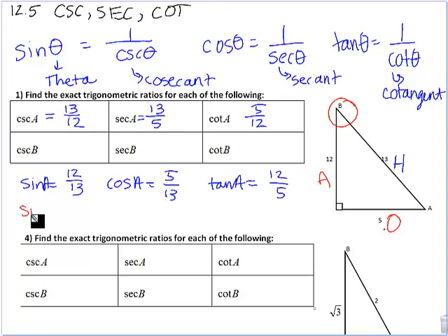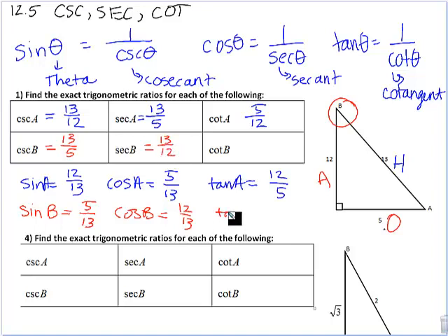So now sine of B would be what? 5/13, which means cosecant of B would have to be 13/5. Okay, cosine of B would be what? Yep, 12/13, which means secant of B would have to be 13/12.